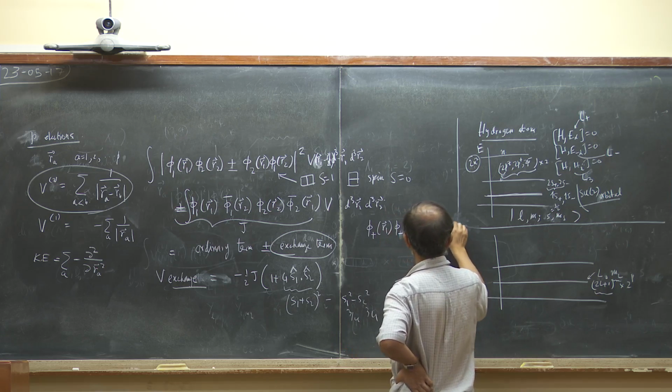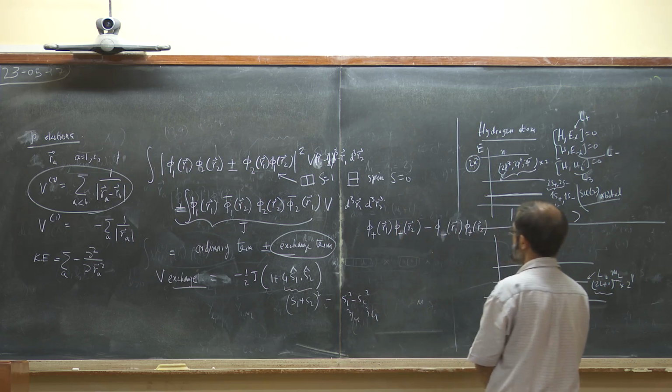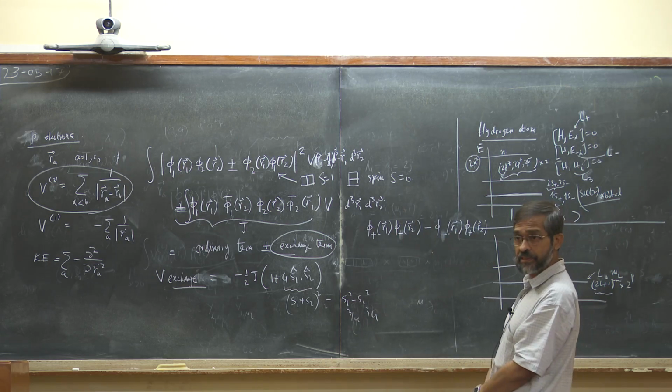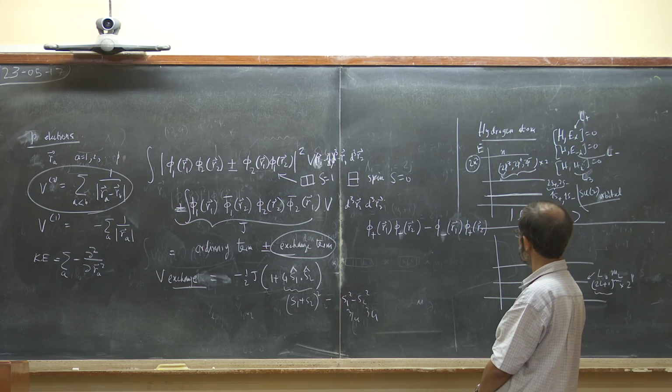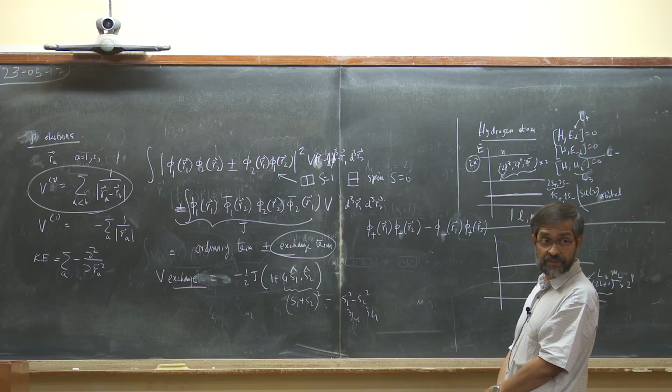So if I have this exchange here, minus phi at R1, phi at R2. This is an antisymmetric state and it corresponds to a singlet. This corresponds to a spin singlet.